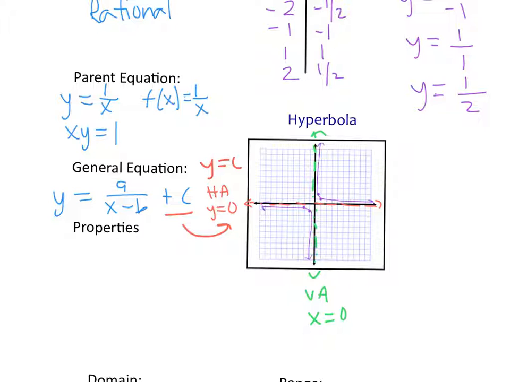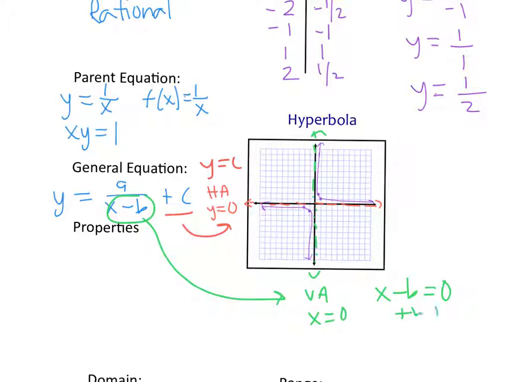Now, you are going to see a relationship here with the denominator, this x minus b. For our parent equation, we just graphed 1 over x, and the denominator there was just x. We didn't have a plus or minus anything, but really this is going to be part of our vertical asymptote. So if we were to set this up, this would look like x minus b equals 0.